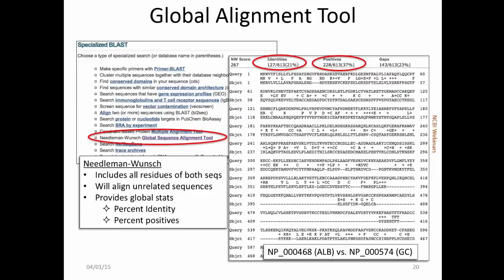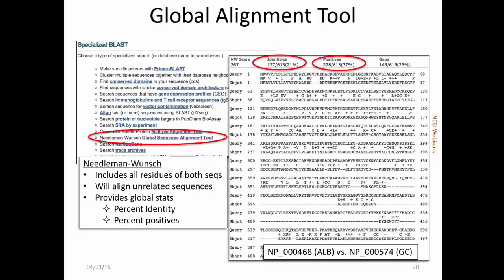It will align anything to anything, so it matters a lot that what you give it are two sequences that are actually related to each other. It does provide the global statistics, the % identity, and the positives. Those, by the way, are also shown to you in BLAST, but they don't mean the thing that you think they mean there. They're only referring to the local alignment.